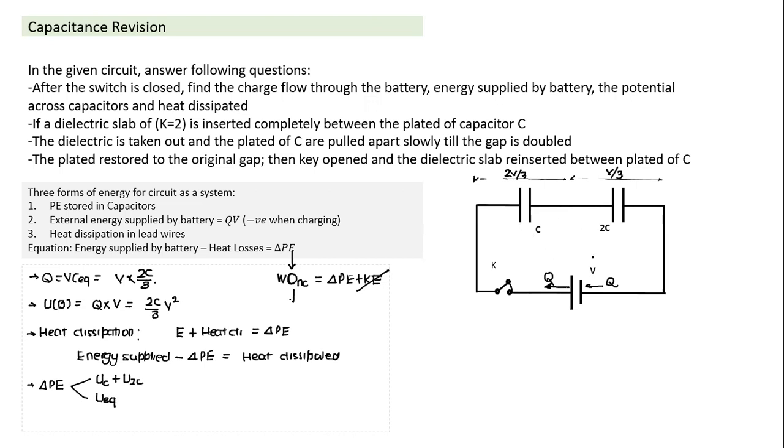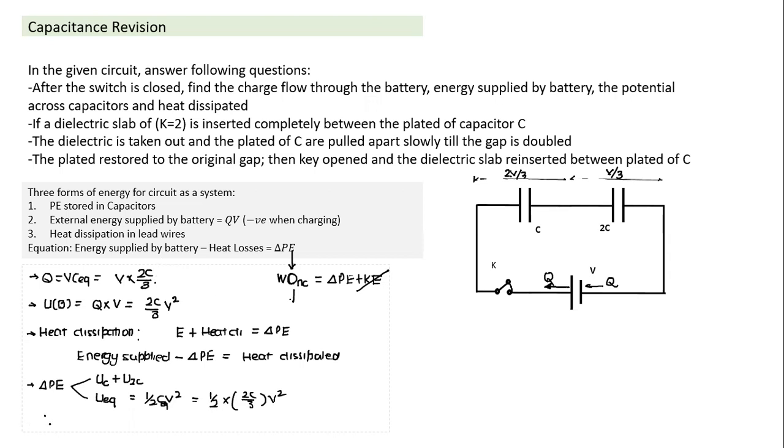For the equivalent capacitance, the voltage is V and the capacitance is 2C by 3. So the energy will be equal to 1 by 2 CV square, that is 1 by 2 into 2C by 3 into V square. And very easily we notice that the energy stored is half of the energy supplied by the battery.